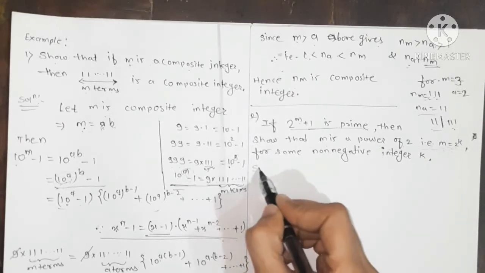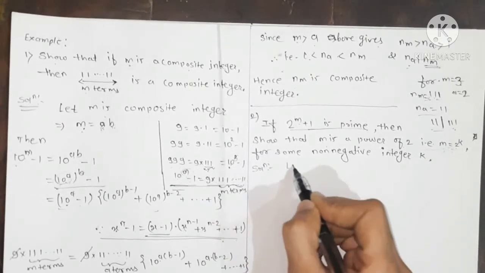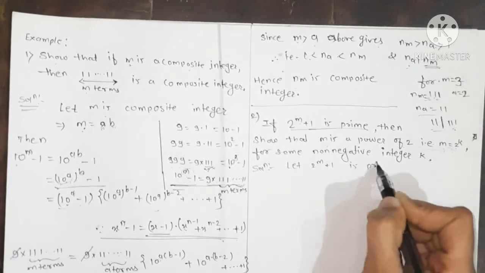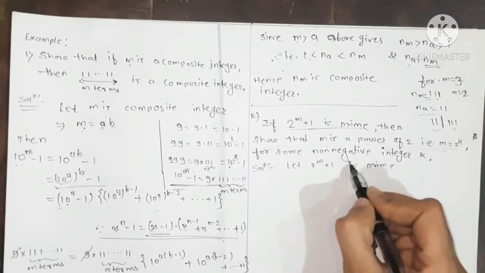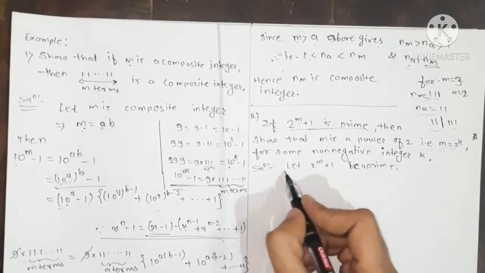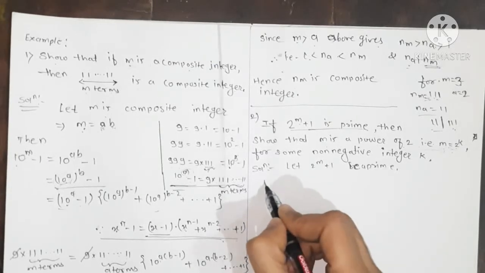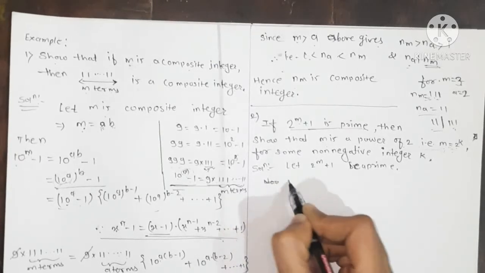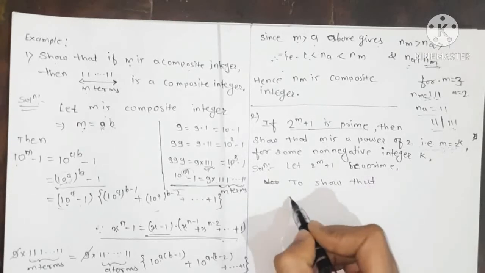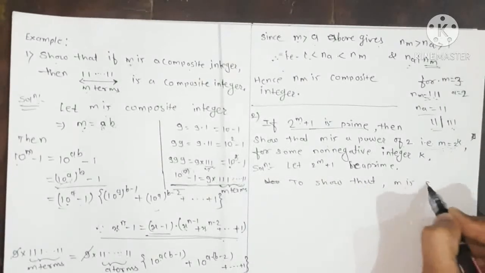Okay, so we write this as, we let 2 to the power m plus 1 be a prime. This is given. Now we prove the result to show that m is a power of 2.